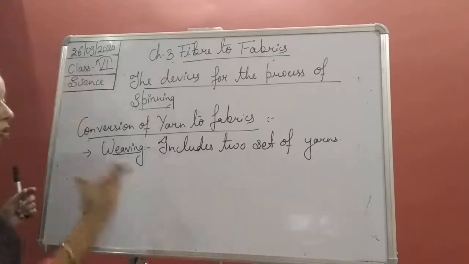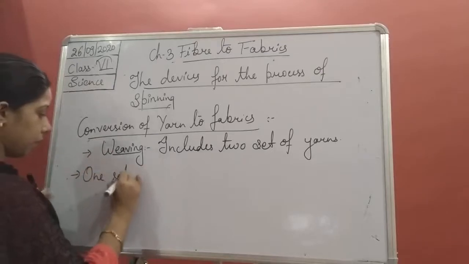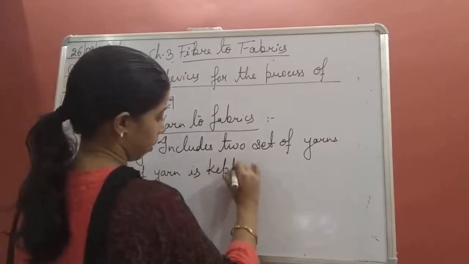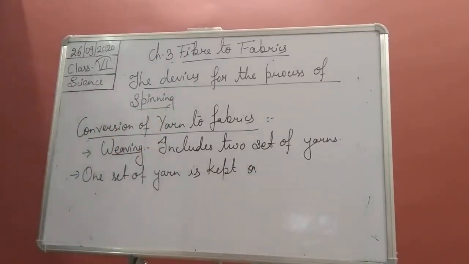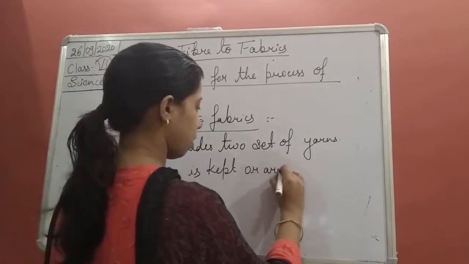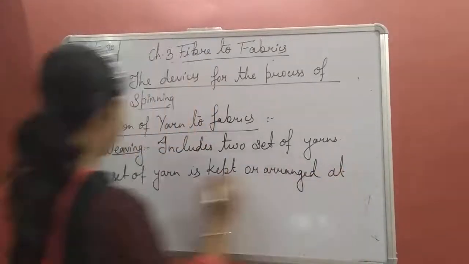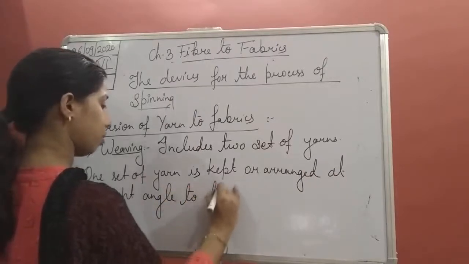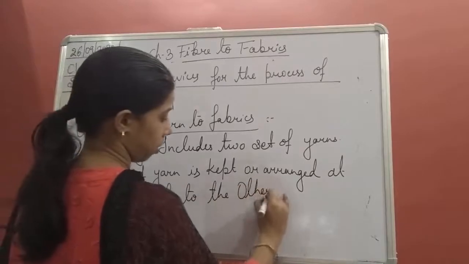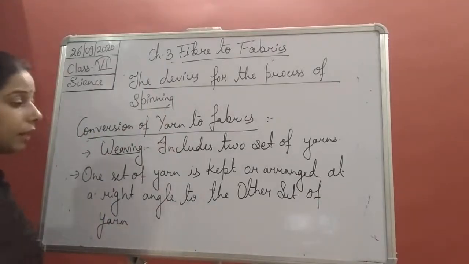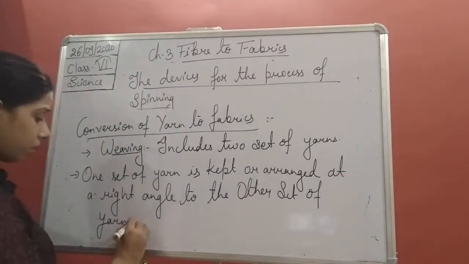So we can say it includes two sets of yarn, one set of yarn is kept or arranged at a right angle to the other set of yarn.